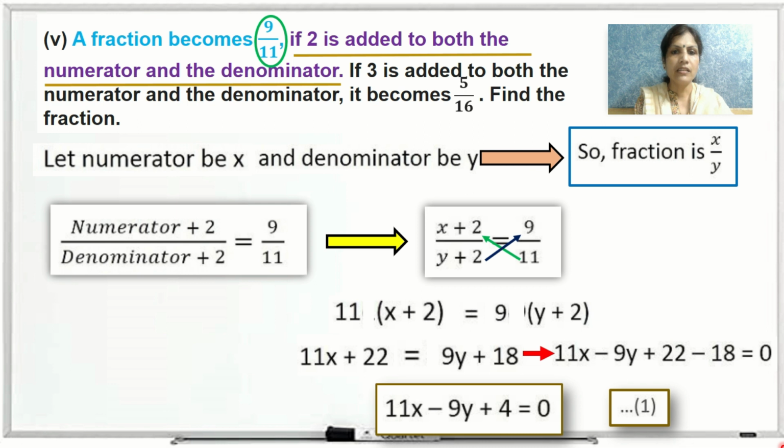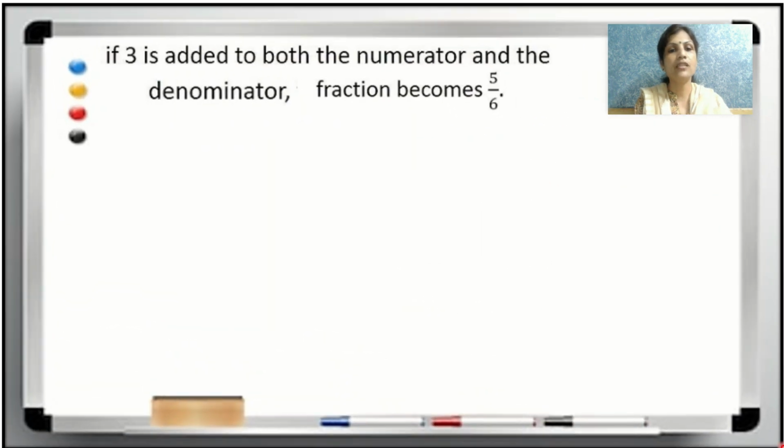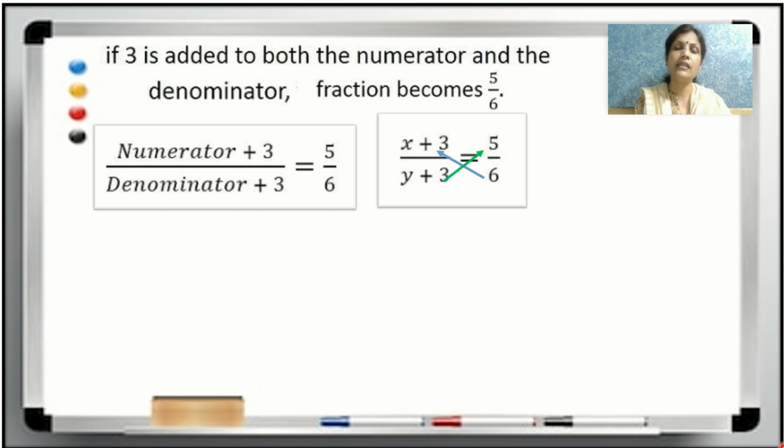Now let's see the next condition: if we add 3 to both the numerator and denominator, the fraction becomes 5/6. So add 3 to the numerator and the denominator. So (x + 3)/(y + 3) = 5/6. Again we will cross multiply, and what do we get? 6(x + 3) = 5(y + 3).